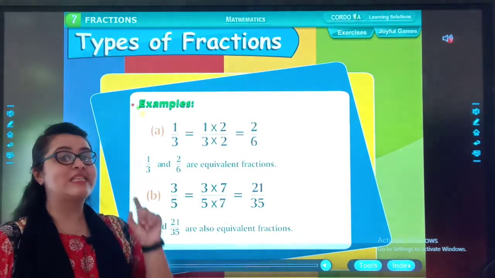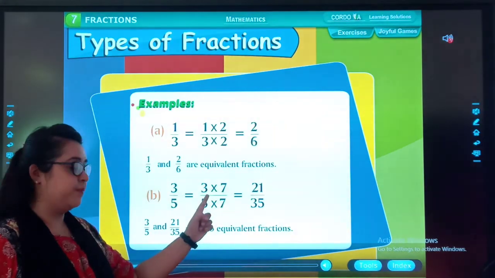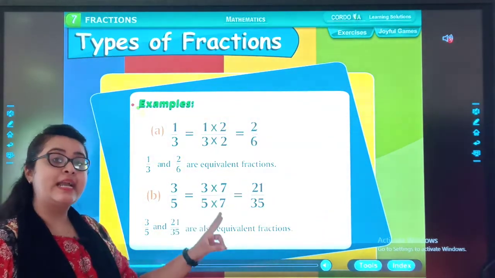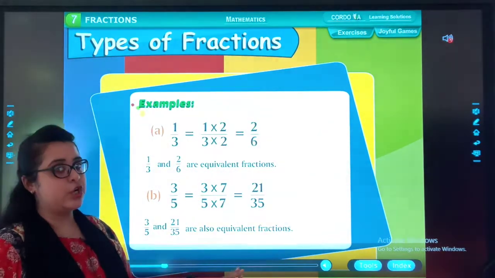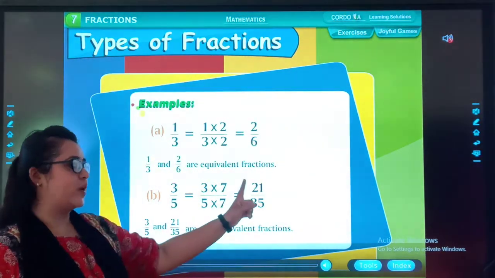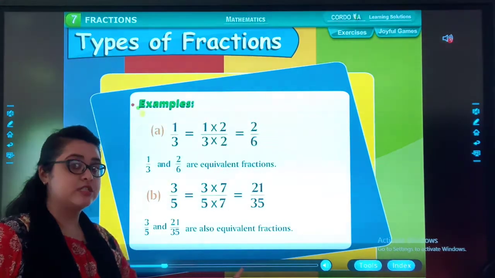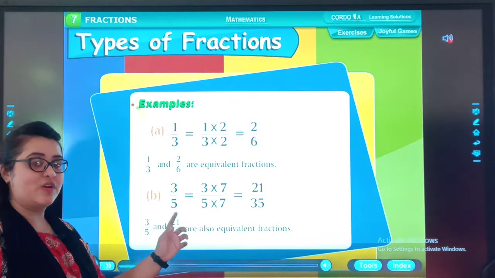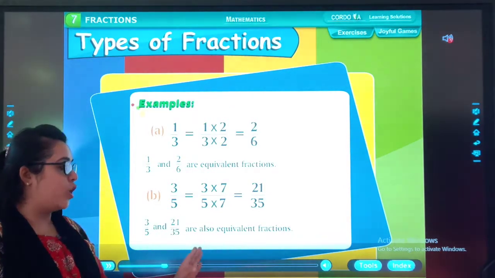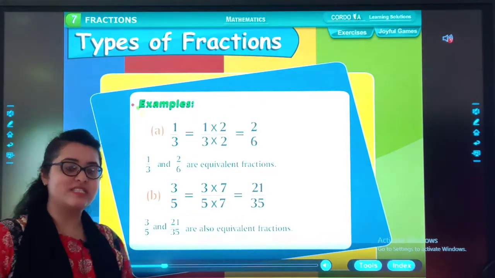When I multiply the same number, that is 7, with the numerator and with the denominator, I will be getting 21/35. So I can say that 3/5 and 21/35 are also equivalent fractions.